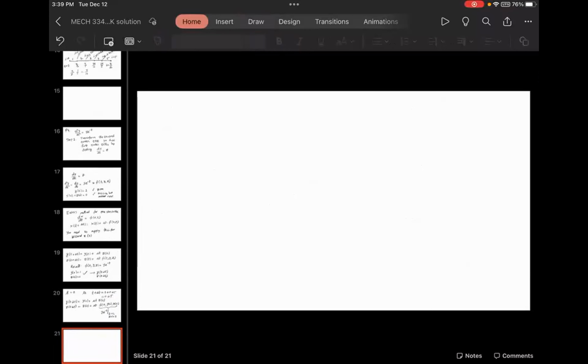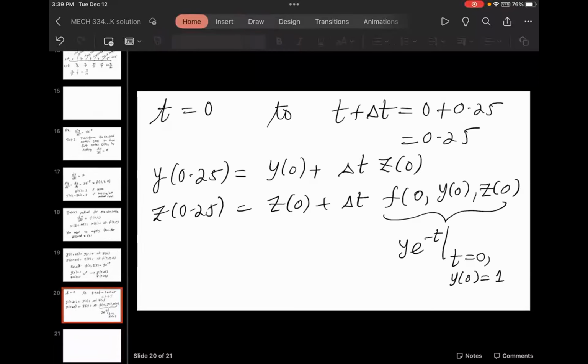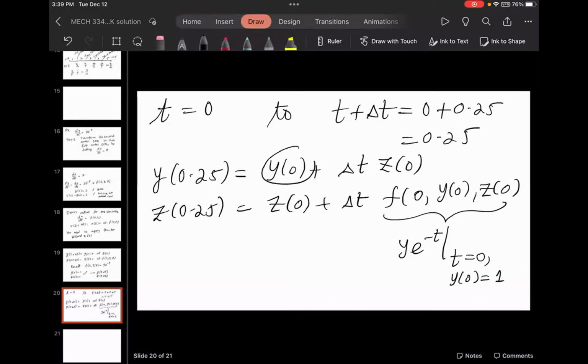I'll give you just a second to write this down. Okay, remember y of 0 is given as 1, z of 0 is given as 0, delta t is 0.25, y of 1 multiplied by e power 0 is again 1.